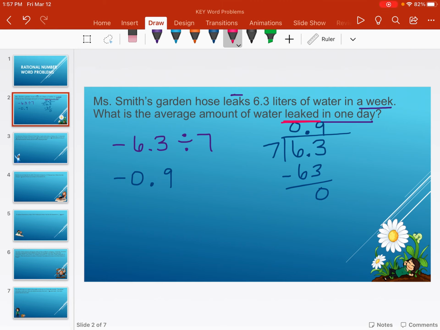Well, leaked is that negative word. So I'm bringing it back to a positive 0.9 liters because the word leaked takes care of my negative sign. So this would be my final answer, positive 9/10 liters.